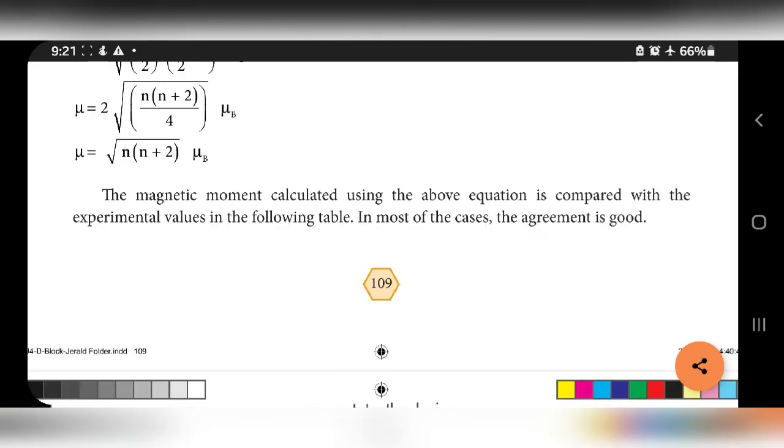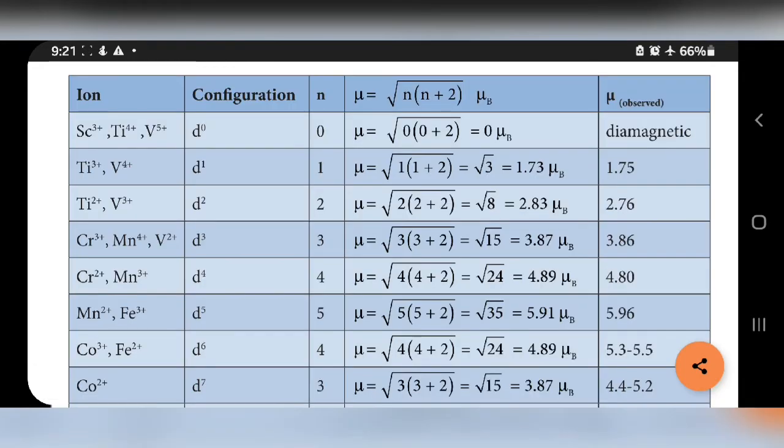The magnetic moment calculated using the above equation is compared with the experimental value in the following table. In most cases, the agreement is good. For scandium 3 plus, titanium 4 plus and vanadium 5 plus, all these ions have a d0 configuration, that is, 0 unpaired electrons.